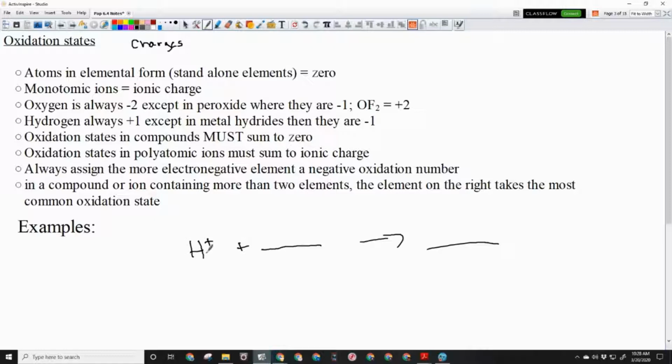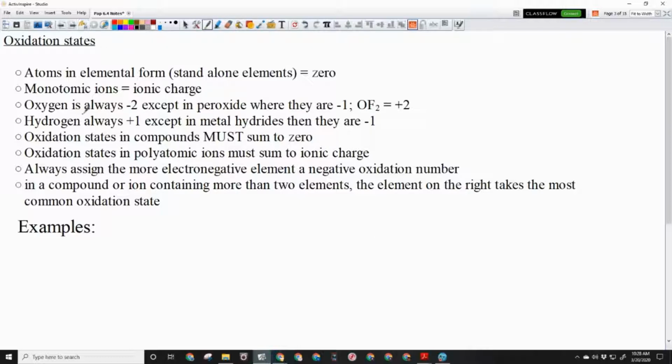All right, so this is a monatomic ion. It's in its ionic form, and it tells you the charge here. So it gets its ionic charge. So this is going to be a +1 for an oxidation number. Okay?